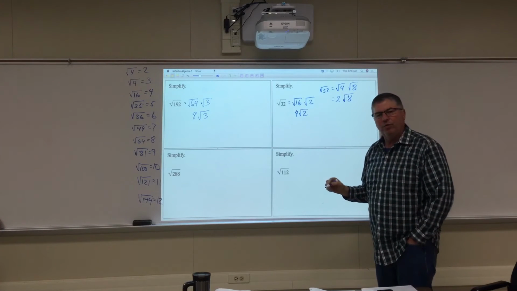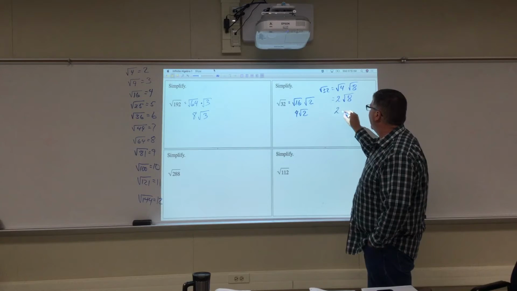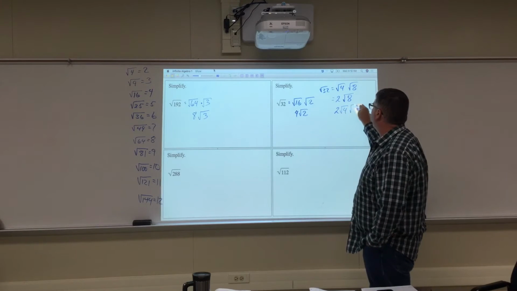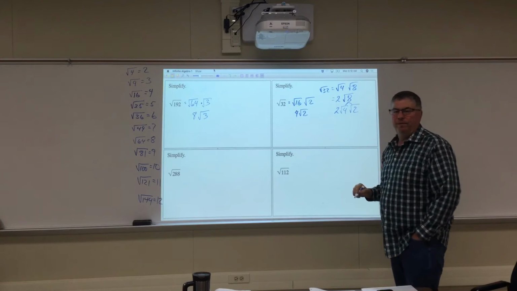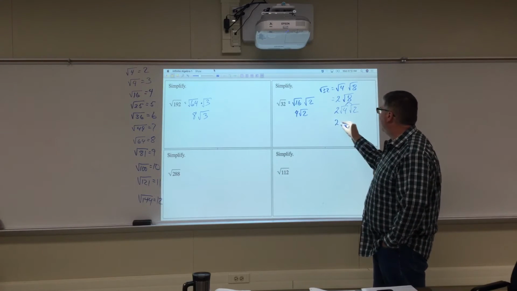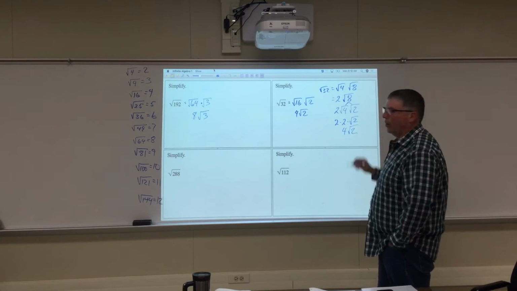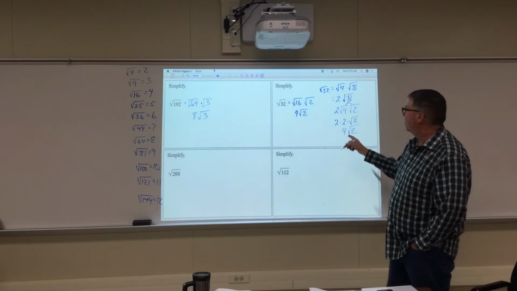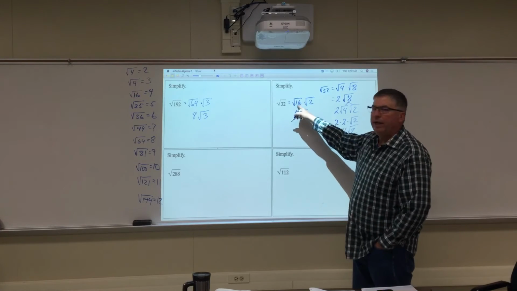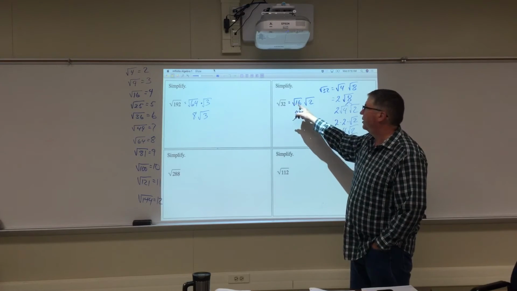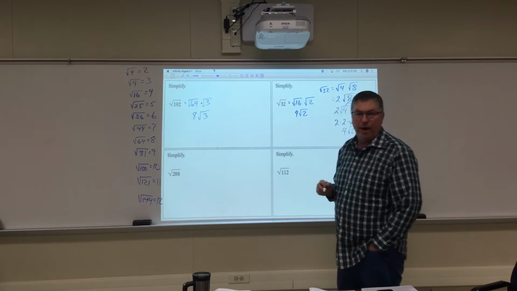The problem with this way is it's got an extra step, because now our radical 8 still breaks down. 8 breaks down to 4 times 2, and now we have 2 times 2 times radical 2, so that's how we get to 4 radical 2. So, like reducing a fraction twice, if you get the right number first, or the biggest magic number over here, then it works pretty well.